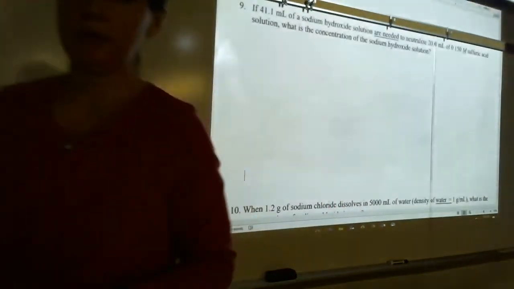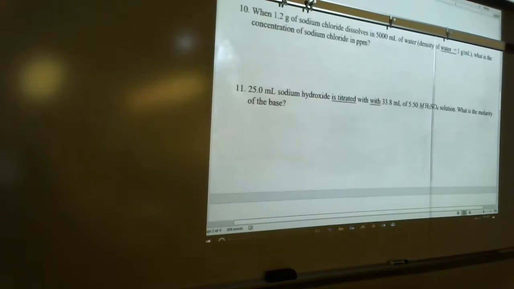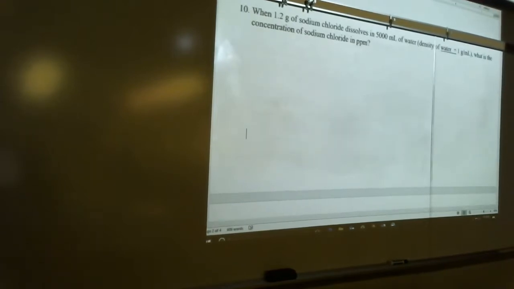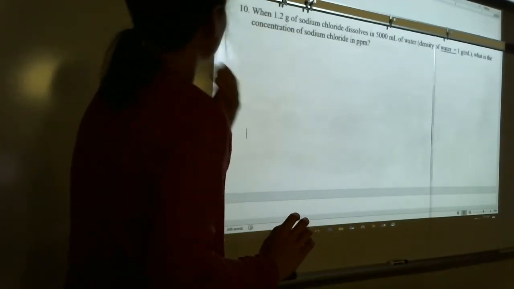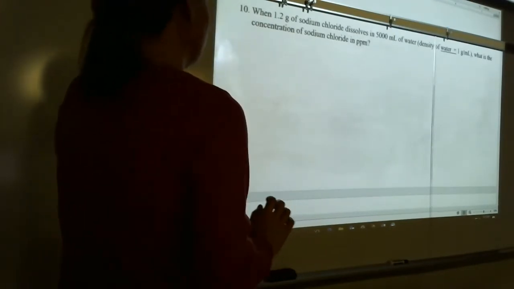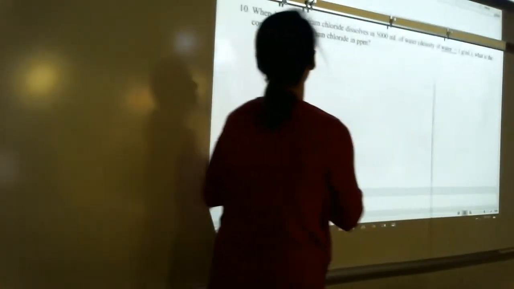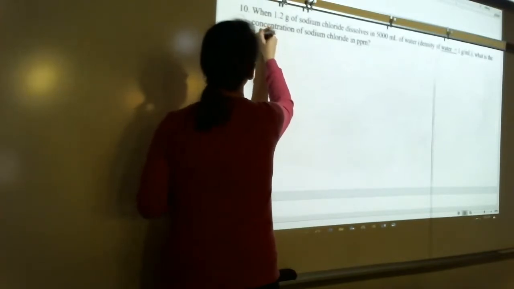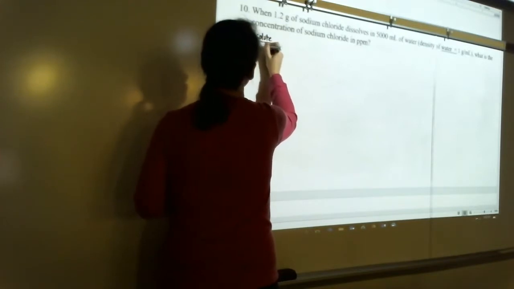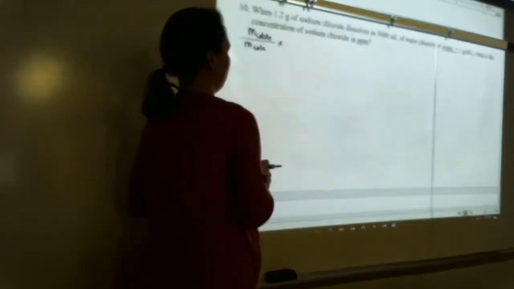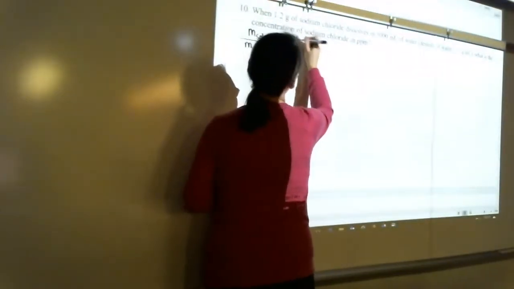Let's go on to 10. When 1.2 grams of sodium chloride dissolves in 5,000 milliliters of water, what is the concentration in parts per million? So we need to know mass of the solute over mass of solution times what? For parts per million, it's 10 to the 6th, right?